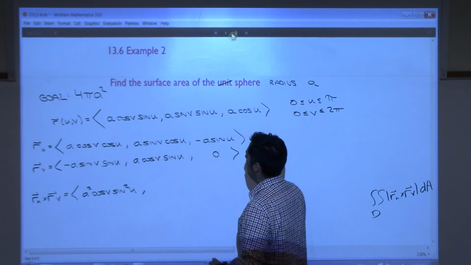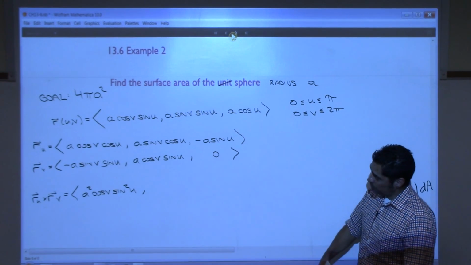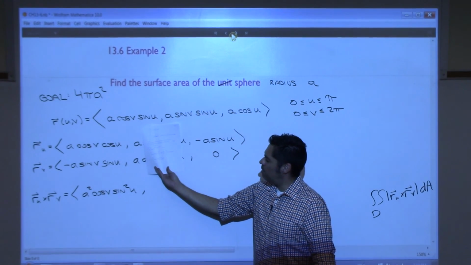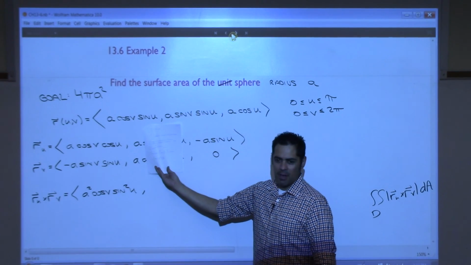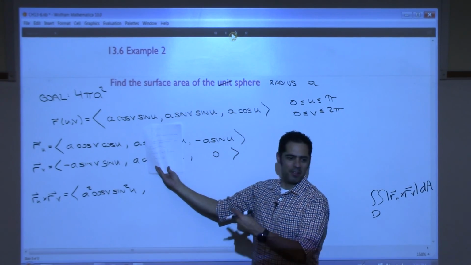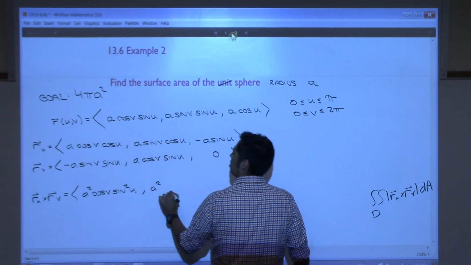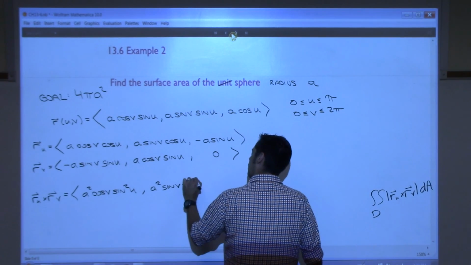What's the next one? How about this one? Will it be minus or plus? It's a plus, remember? Because it was that weird minus, but it was the middle one. So we'll get a squared sine v sine squared u.